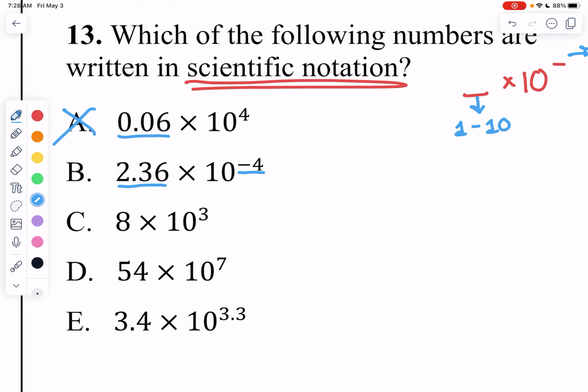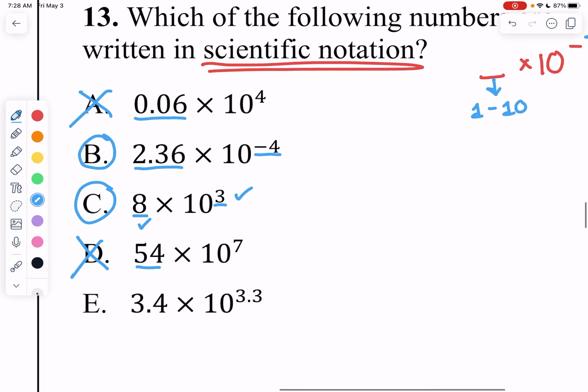Yes, that is a whole number. So B is good. For C, I ask, is this number between 1 and 10? Yes. And is my exponent a whole number? Yes. C is good. D, is this in between 1 and 10? 54 is not in between 1 and 10. So D, you're out of here.